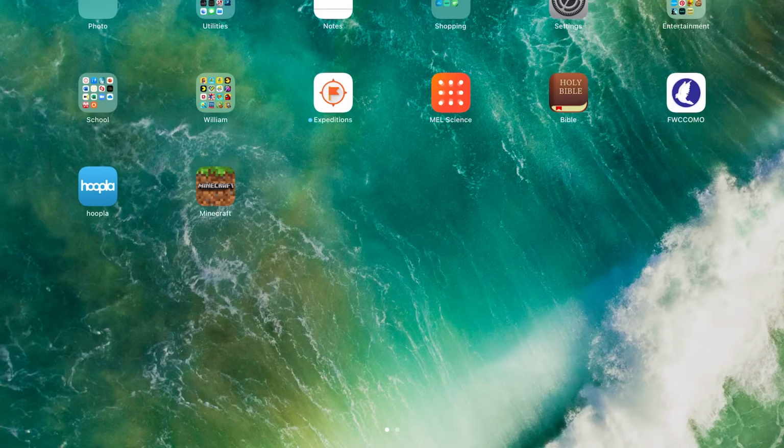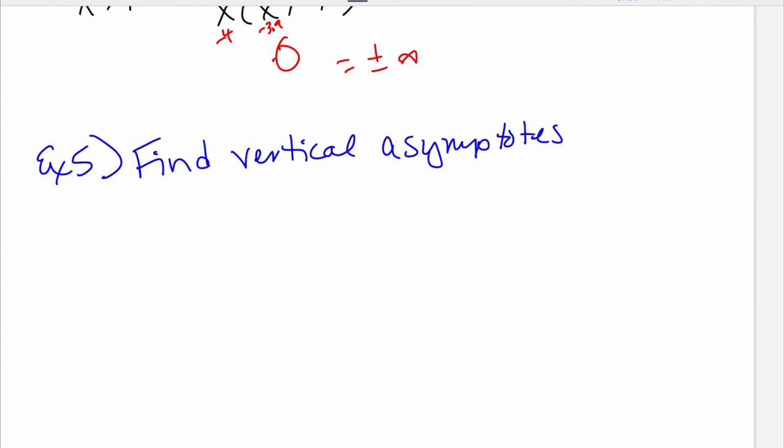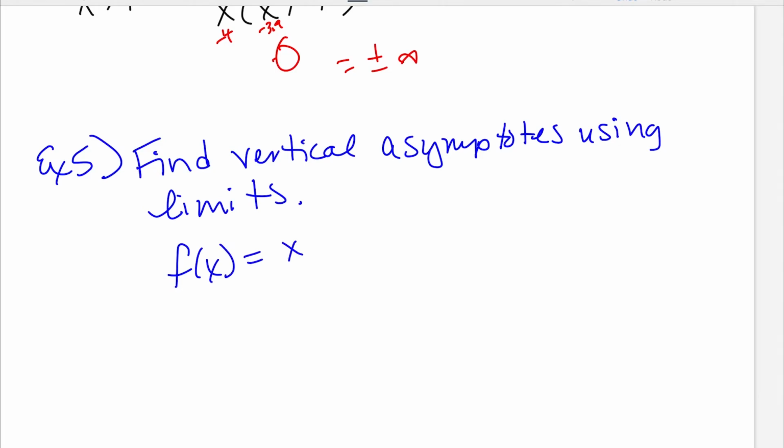Let me go down to the next line. Oh, dang. Let's try again. Using limits. That all just went cuckoo on us for just a second there, didn't it? That's all right. We're back now. Of this function, f of x is equal to x squared minus 4x plus 3 over x squared minus 1.